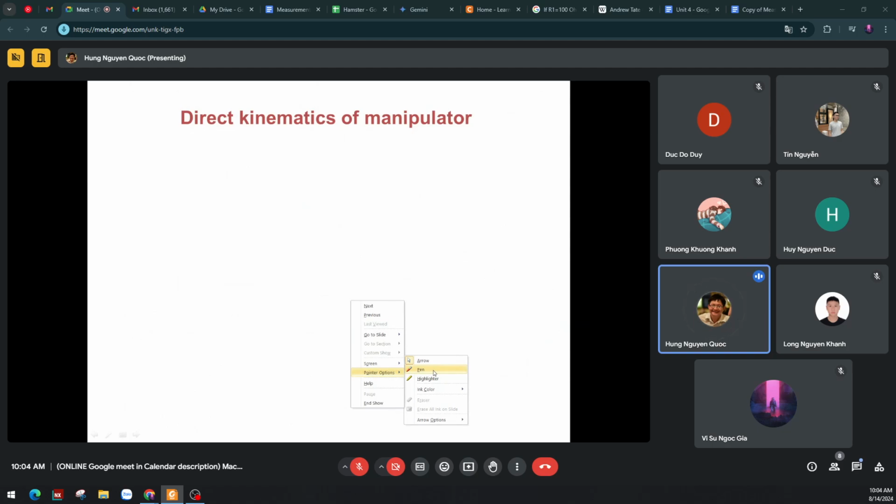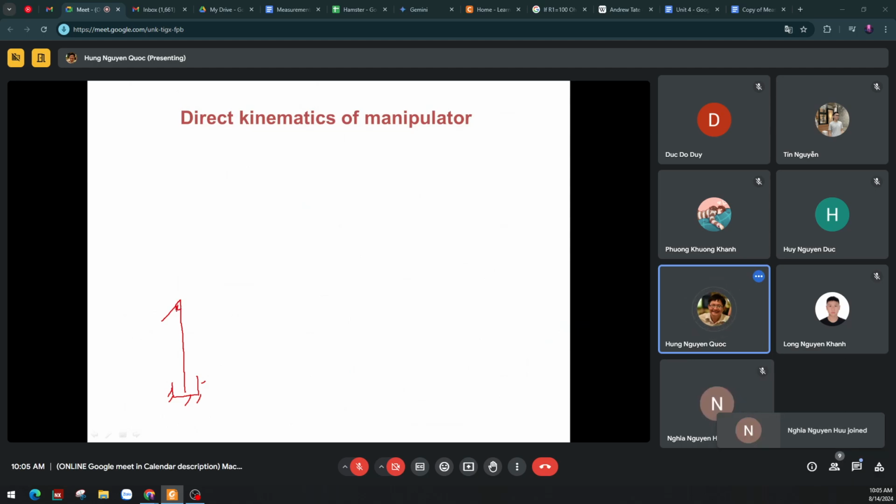Okay, so let's start. This is the robot. This is just a perpendicular, and this is not a joint, and here is the joint.